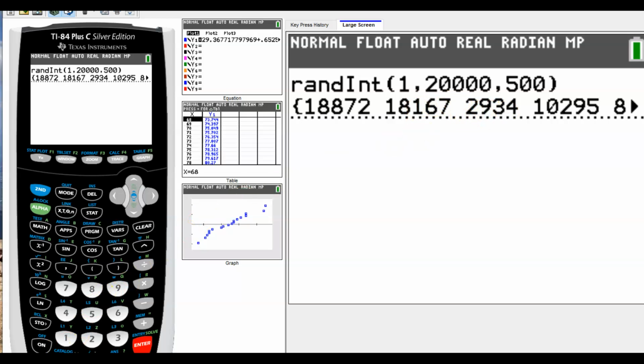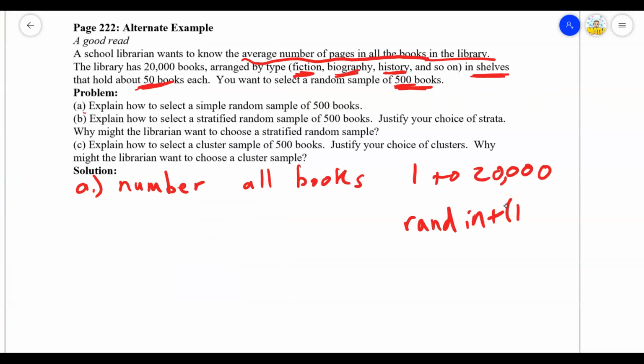Now, what may very well happen is we'll get repeats, and we'll just have to simply ignore them and then press enter again, execute the command until we get 500 numbers that are all different from each other. So we could do random integer 1, 20,000, 500, until we have 500 different numbers.